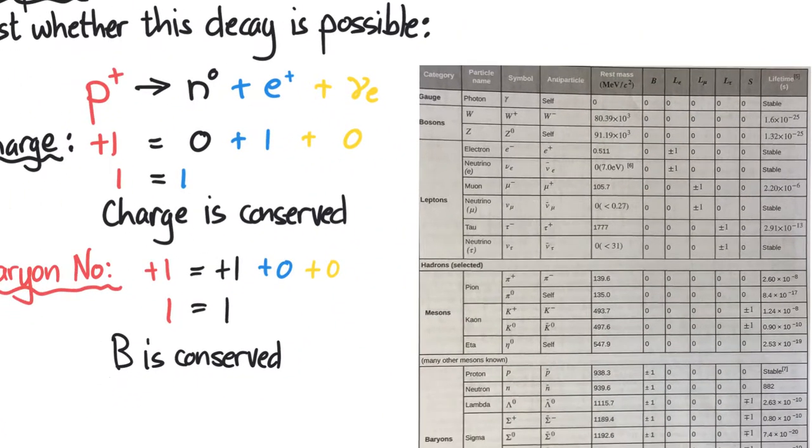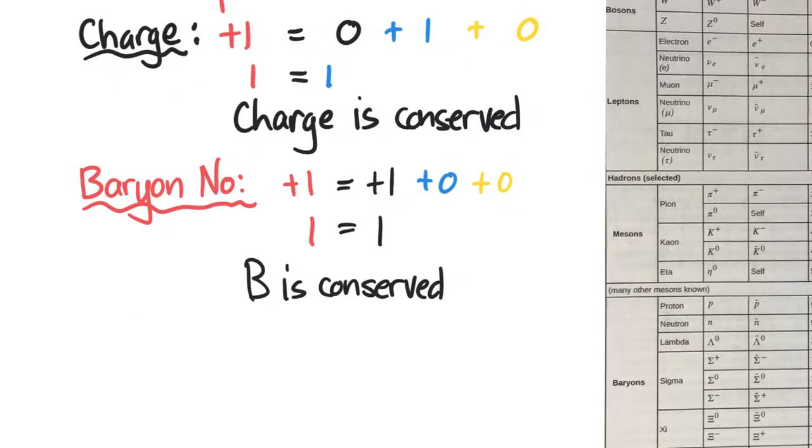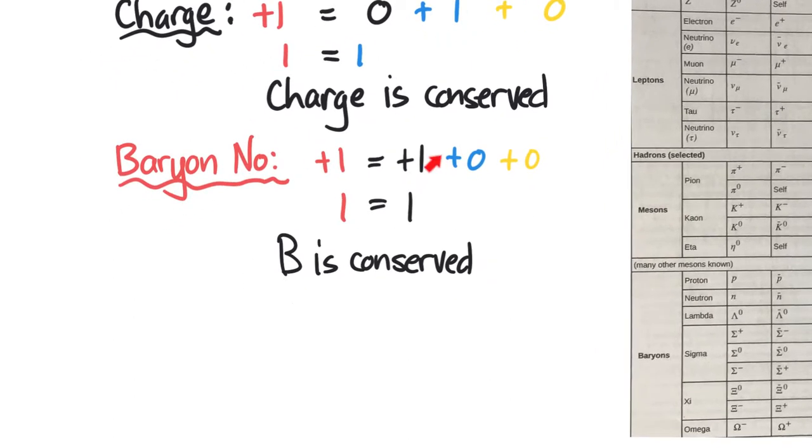So now when we look at these values, we see that on the right hand side the baryon numbers add up to 1, and on the left hand side the baryon number is 1, so the baryon number is conserved.